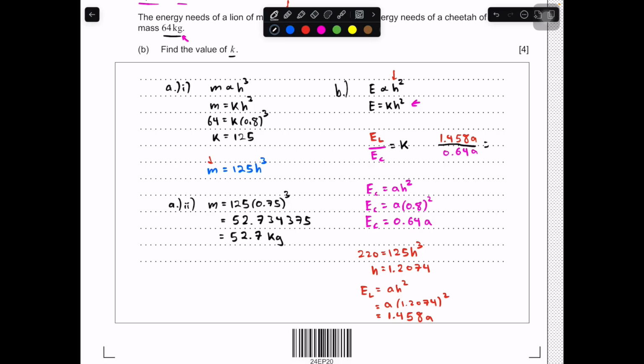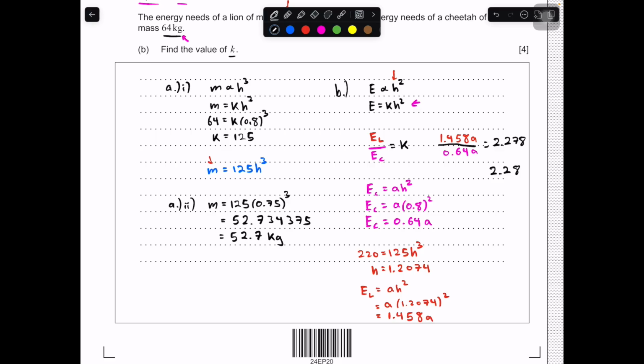This will give us a value of 2.278, or to 3 sig figs we can write it as 2.28. So how many times greater are the energy needs of this line compared to the cheetah?